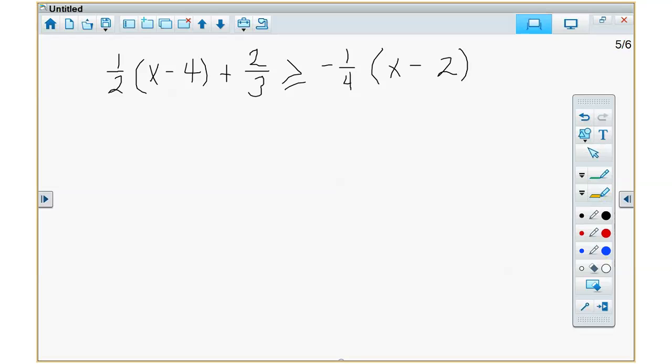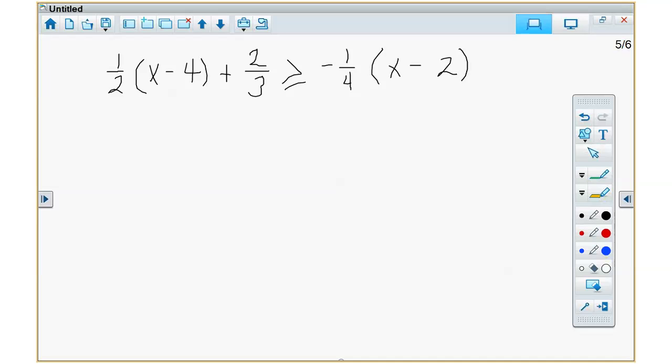Now, right quick, 2 and 3 is prime, right? But that 4 throws a little bit of a monkey wrench in it. What's 4 times 3? 12. So if you multiply through by 12, you should be all right. Or you could say to yourself, well, 3 times 4 is 12, and 2 will go into 12, so I can multiply through by 12.